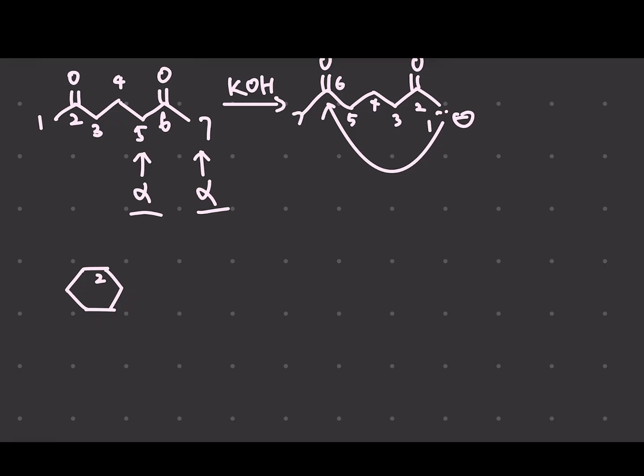So at 2, there's going to be an oxygen double bonded, and at 6, there is going to be a methyl group from carbon 7. So this is carbon 7, and an alkoxide, and this alkoxide is going to react with water to give us our final Aldol addition product.